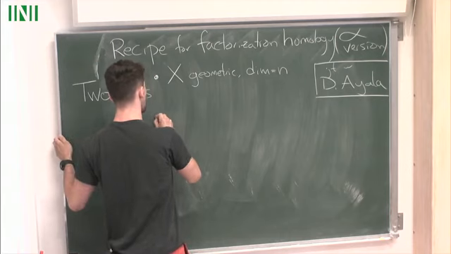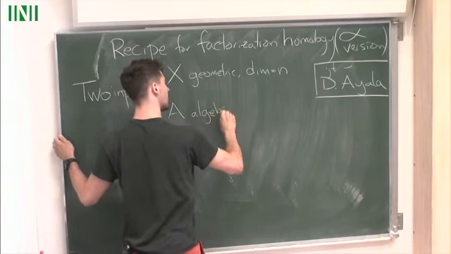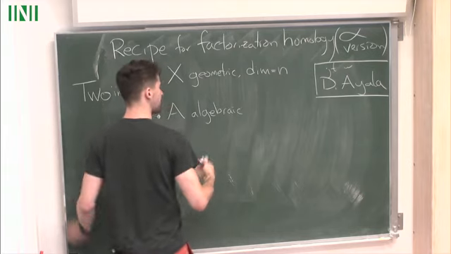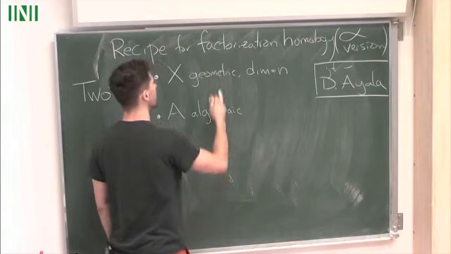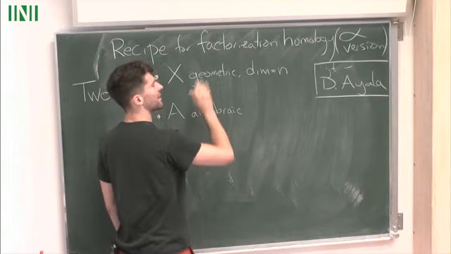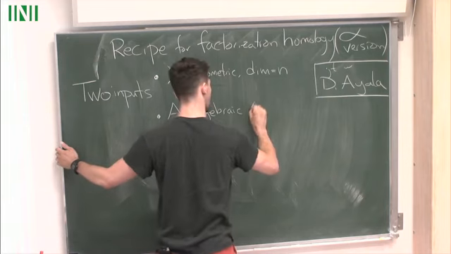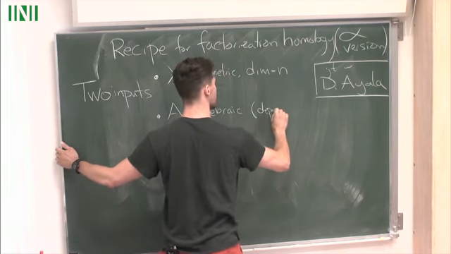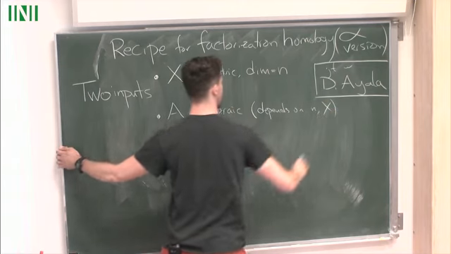And the other input will be algebraic. And what kind of algebraic data is required will depend at the very least on the dimension n, but also maybe on X and what kind of geometry we want to consider.